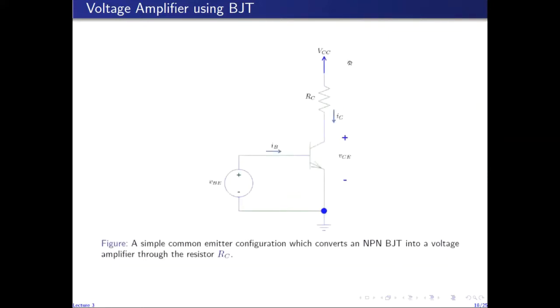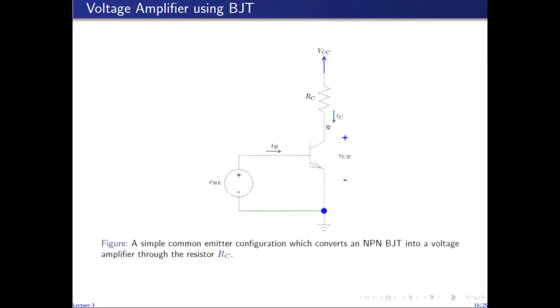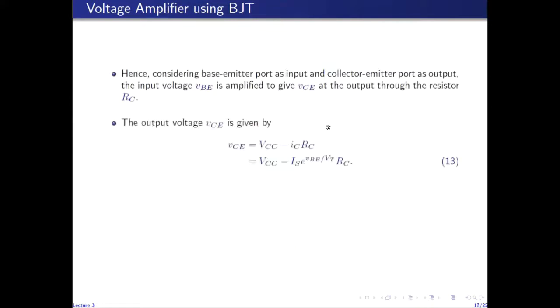So again, considering this loop and writing the voltage equation, we can very easily find the output voltage VCE to be given by VCC minus the drop across RC. Since IC is related to the input voltage through this exponential dependence, we get VCE as VCC minus this term.